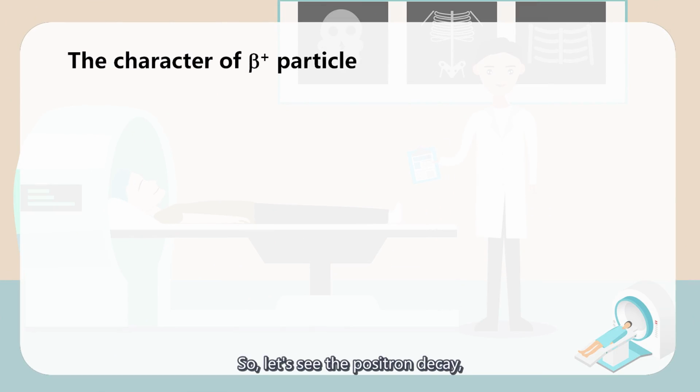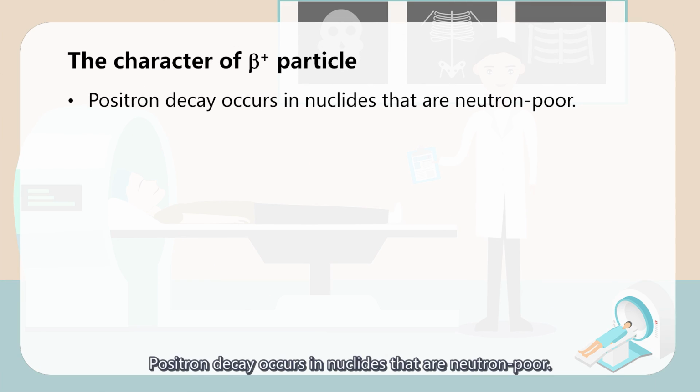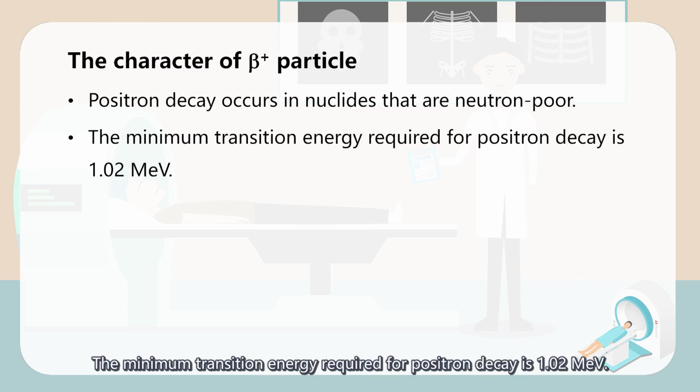So let's see the characteristics of positron decay. Positron decay occurs in nuclei that are neutron poor. The minimum transition energy required for positron decay is 1.02 million electron volts.